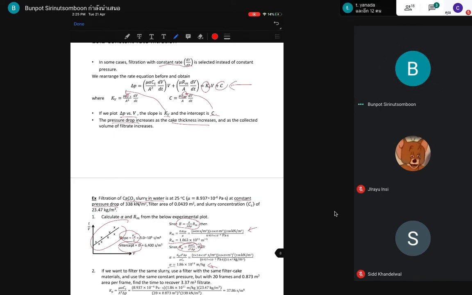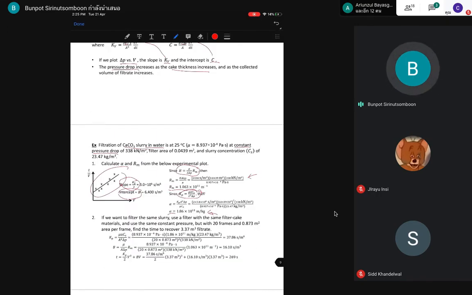Okay, and then for the second problem, they say that they want to use the same slurry, the filter with the same filter cake materials, and the same constant pressure. But the difference is that this time they put like 20 frames of filter materials.